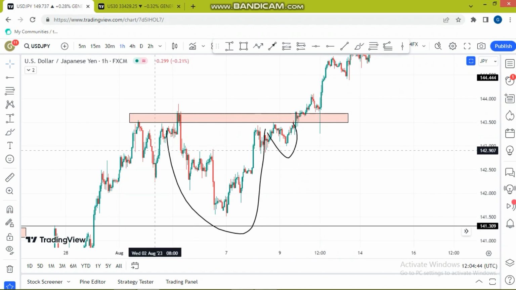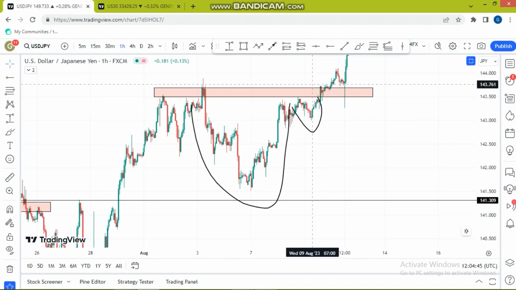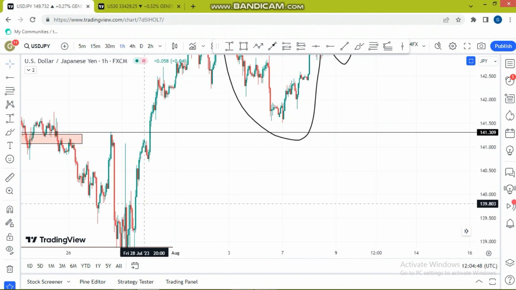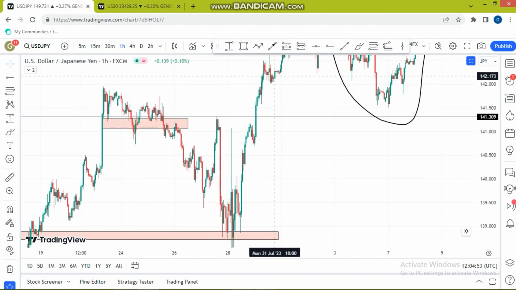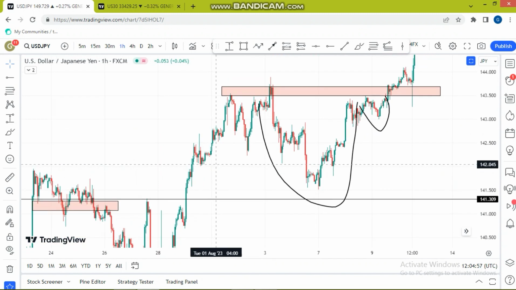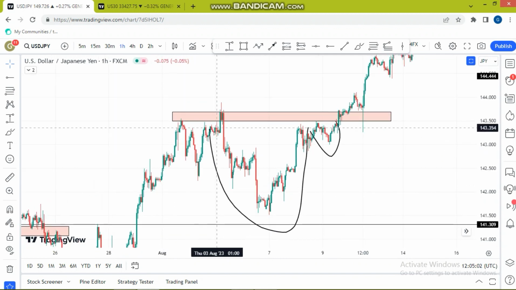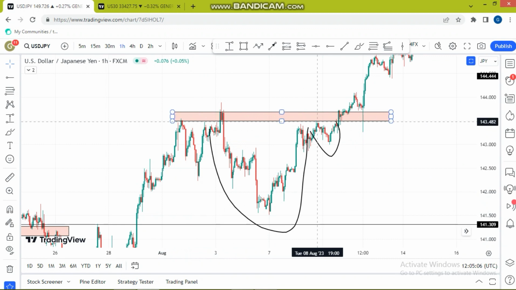And as I explained the other time, price was trending strongly, as you can see, with very strong momentum, a strong market uptrend, and price got to a resistance right here and still came back. Notice something, as I explained the other time.